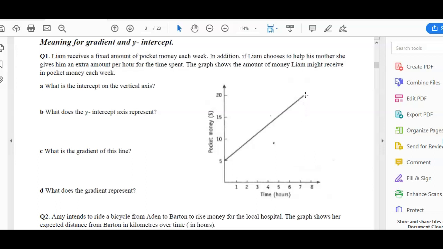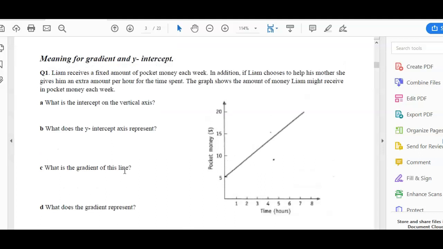It does look like 7, doesn't it? It's definitely not 8. I'm just going to scroll and see what the actual answer is because there's no grid lines. Okay, the answer has it as 7.5, so I'll stick with that. So if we've gone up 15 and across 7.5, your gradient is 15 divided by 7.5, which is 2.